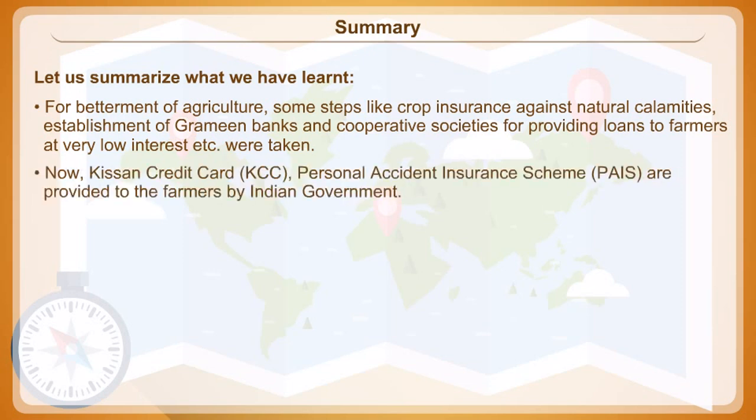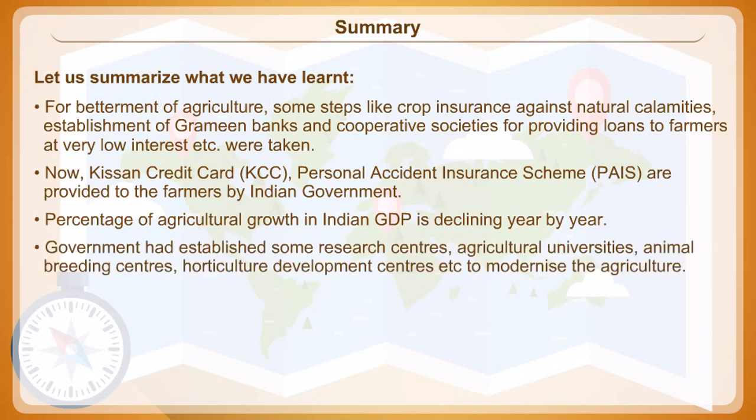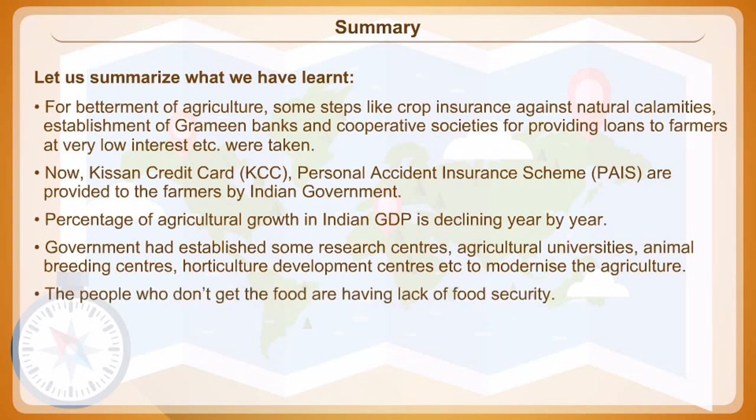Now, Kisan Credit Card or KCC, Personal Accident Insurance Scheme or PAIS are provided to the farmers by Indian government. Percentage of agricultural growth in Indian GDP is declining year by year. Government had established some research centers, agricultural universities, animal breeding centers, horticulture development centers, etc. to modernize the agriculture. The people who don't get the food are having lack of food security.